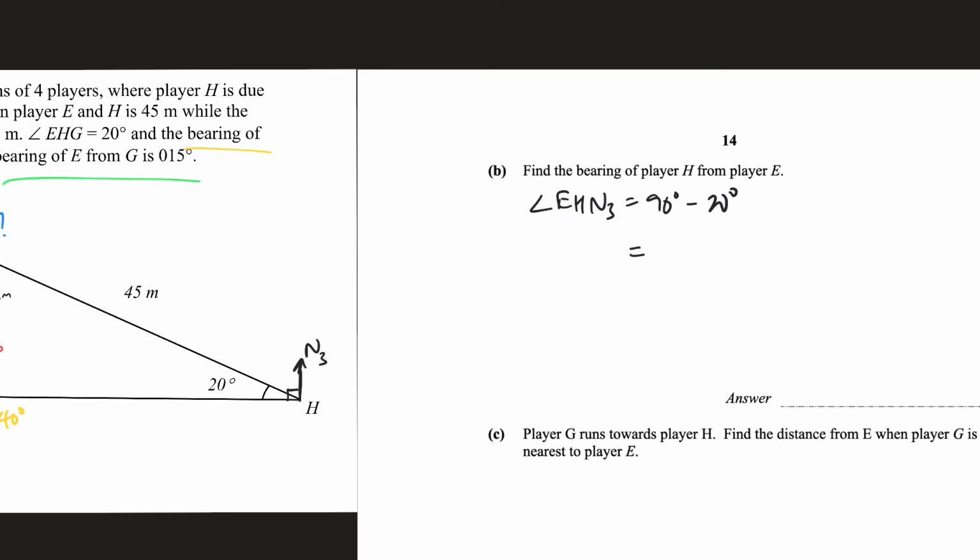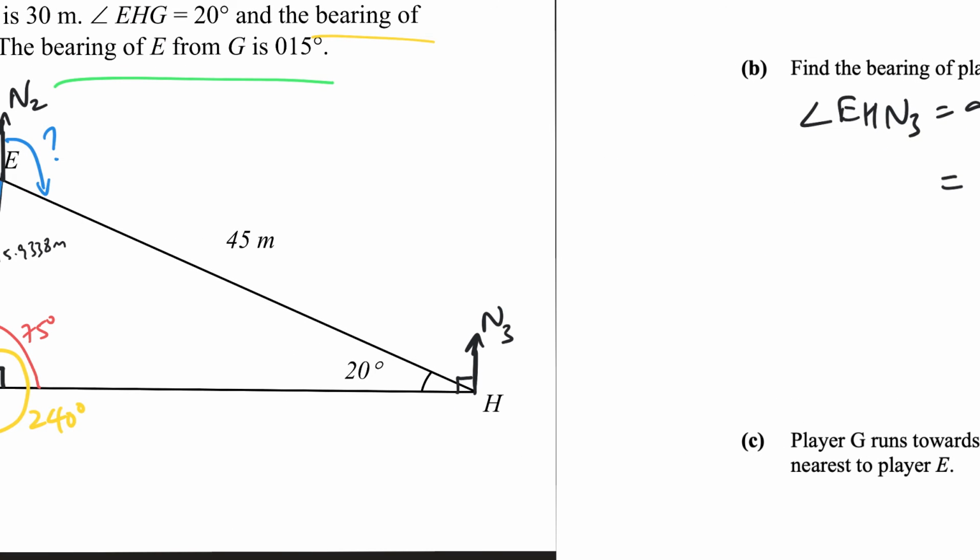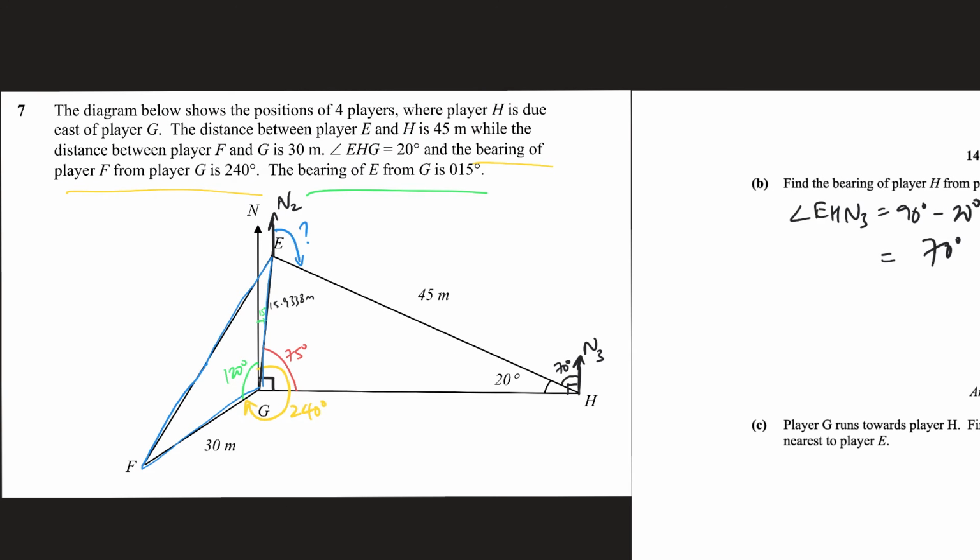Which gives me 70 degrees. So that means this is 70 degrees. And if I just look at this part, these two norths are parallel to each other. So these two, 70 and whatever this angle is, they are interior angles, right?